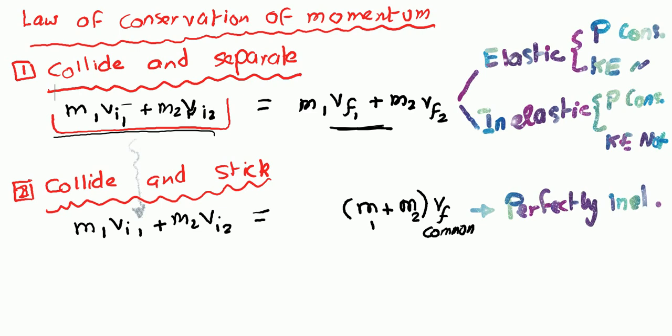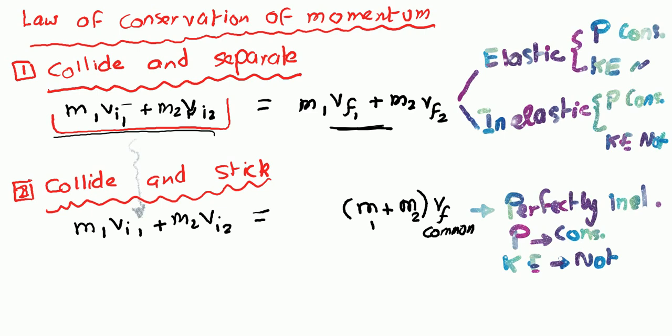In a perfectly inelastic collision, P is conserved. Can I say the total kinetic energy is conserved? No, it's conserved only if it's elastic. So it's not conserved.